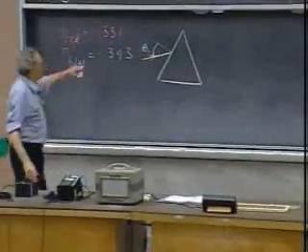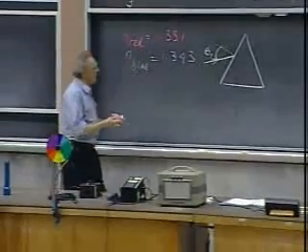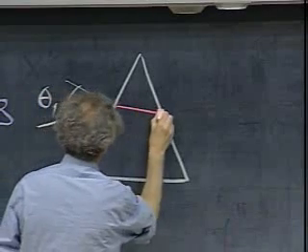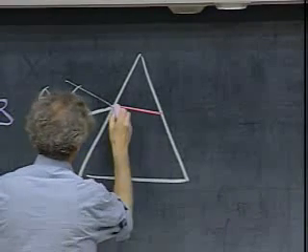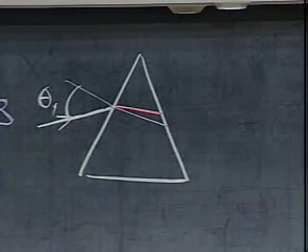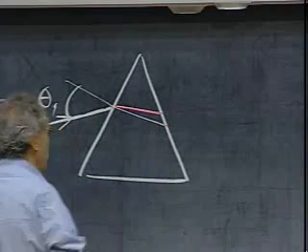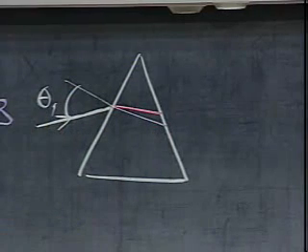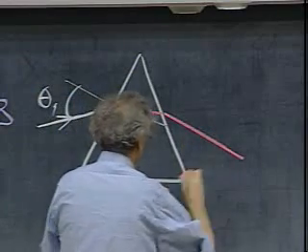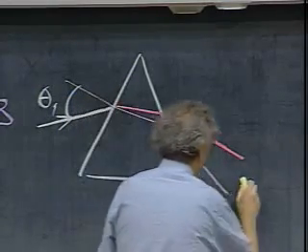I know the index of refraction. This is for water, but you can look them up for glass, of course. And then you will see there is a difference of the index of refraction for red light than there is for blue light. And so when you reach this side of the prism, again you have to apply Snell's law. And when you do that, you will see that the red light doesn't come out at the same angle that the blue light comes out, but the two diverge.